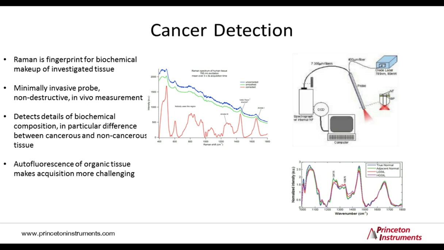The figure also illustrates a common problem in doing Raman on organic substances. That is their autofluorescence when excited by the laser. So look, for example, at the graph on the top left. The blue curve shows the raw acquired data that is dominated by a broadband background.